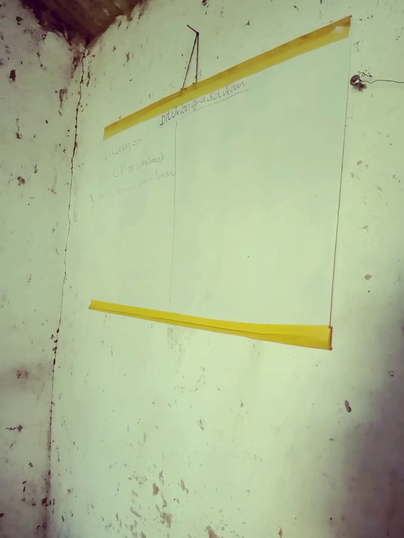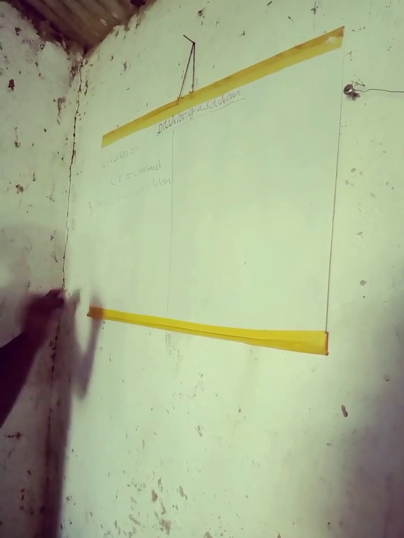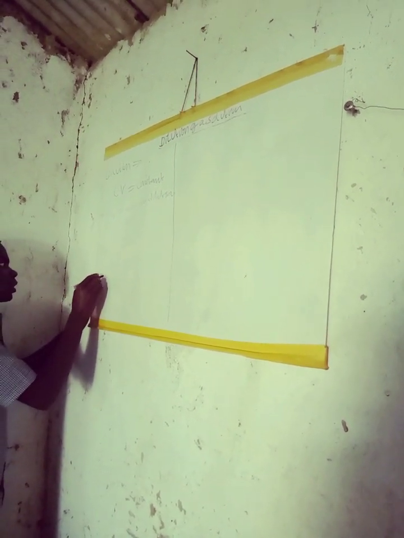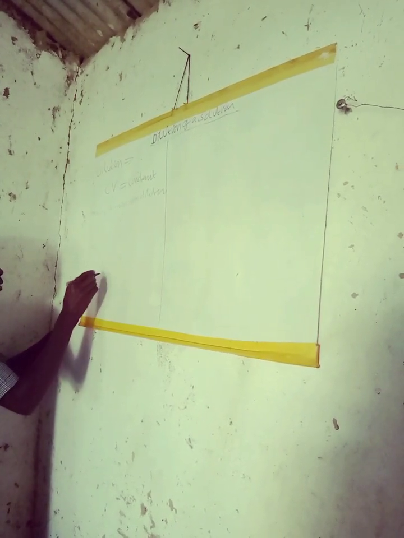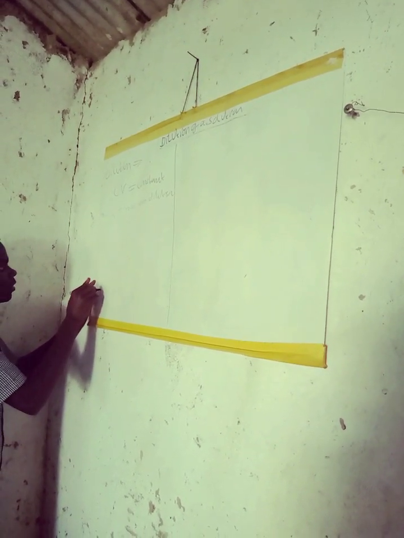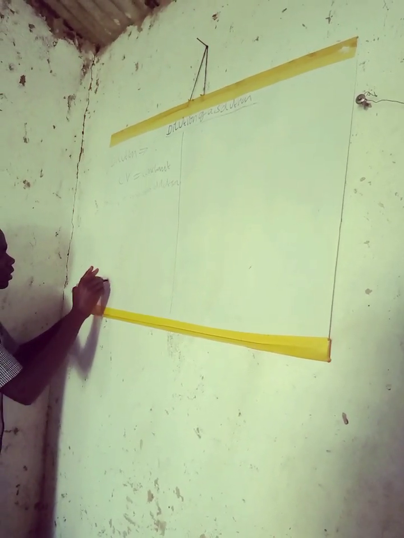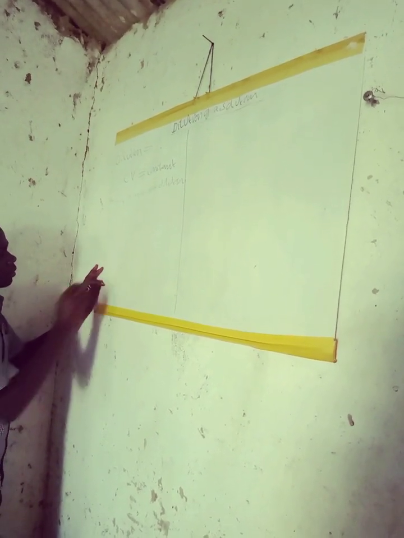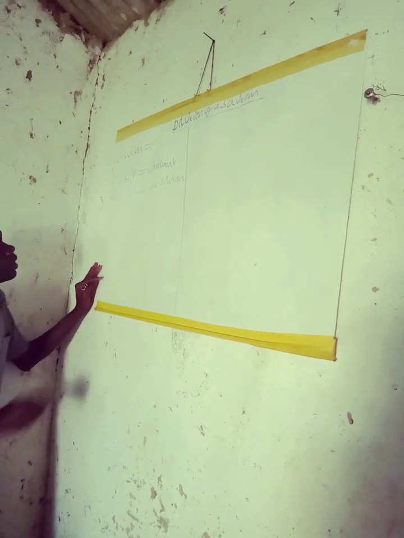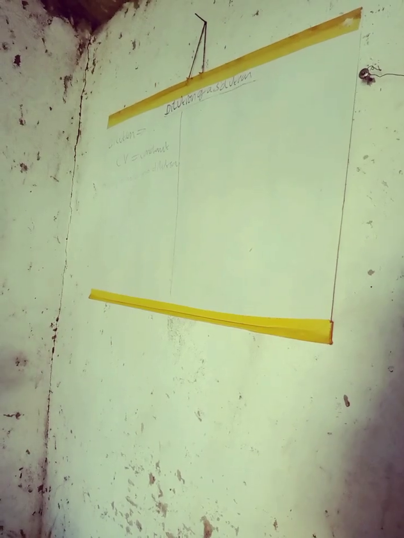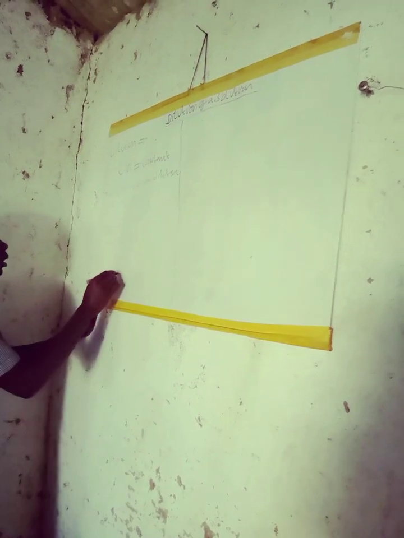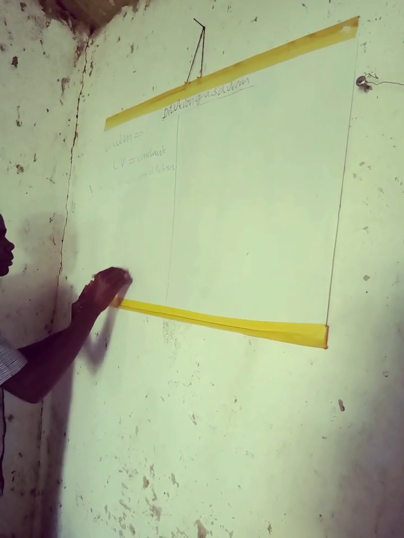Then concentration 2 has not been given. Volume 2 they have given is 1000 centimeters cubed.